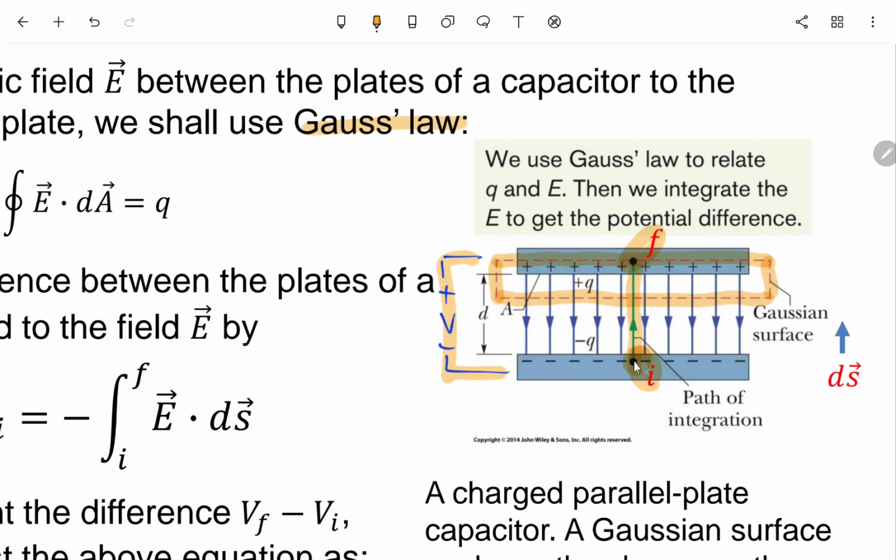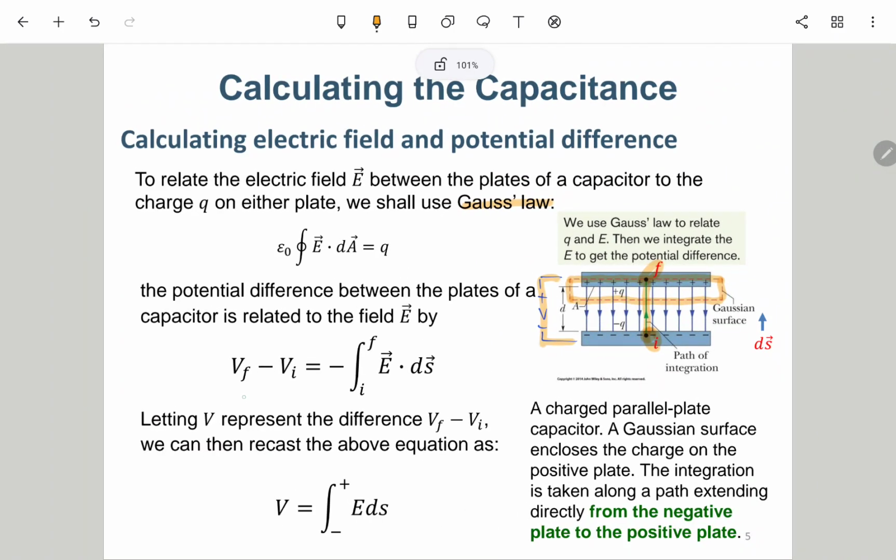So we use this definition: Vf minus Vi equals the negative of the integral of E dot ds from i to f, to get the relationship between the E field and the potential difference between the plates.